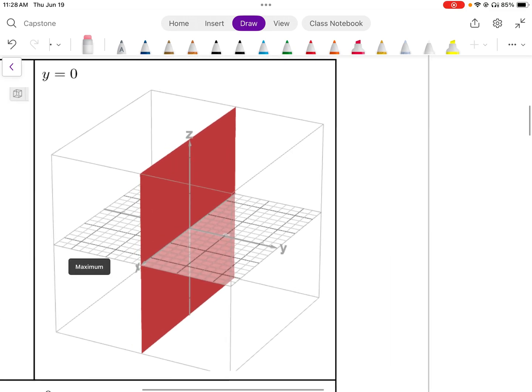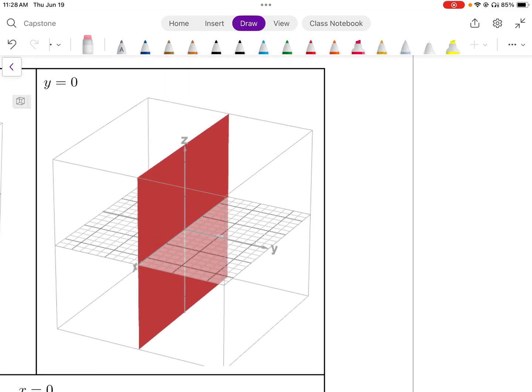Over here, we have the zx plane. This represents all of the points that have x and z values, but the y value is 0. So we could have -1 and 2, which would be maybe right about there.